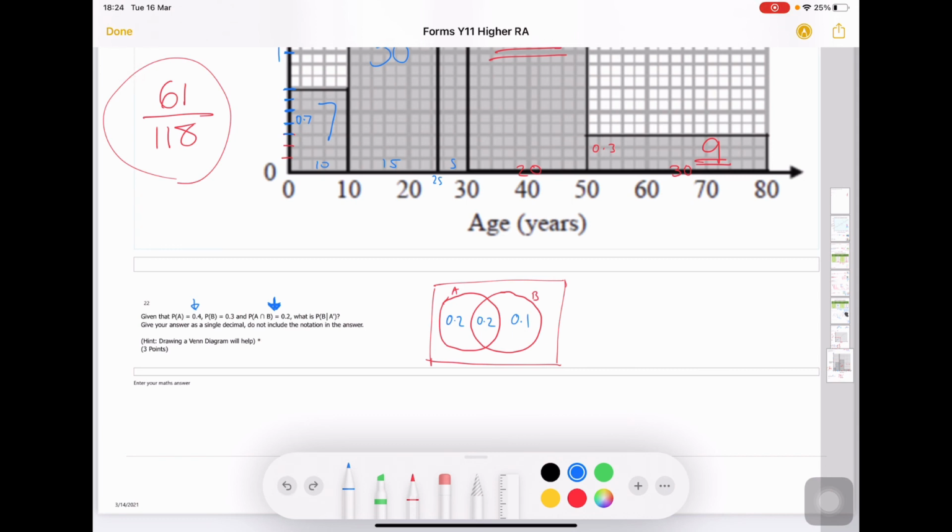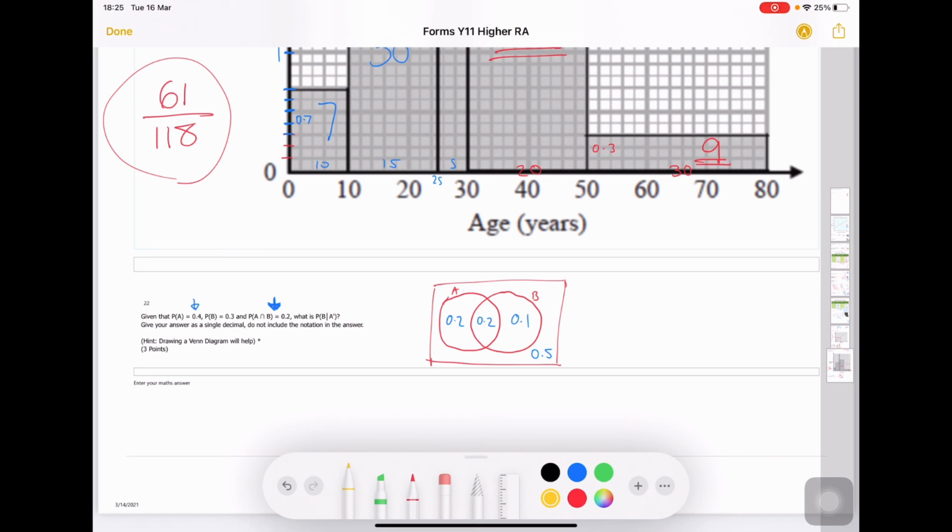And lastly, we need to work out the probability that it's not A or B. So these add up to 0.5. So 1 take away 0.5 is 0.5. Okay. Now, the probability that it is not A. By it not being A, we mean, I'm going to shade it a particular color.